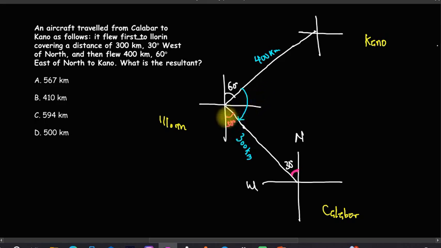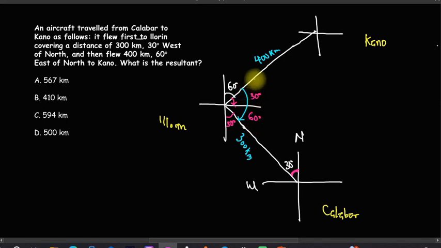And then since this part is 30 degrees, because this entire angle is 90 degrees, 90 minus 30 is going to give us 60 degrees here. And then for this part, because this is 60 degrees, 90 minus 60 will give us the remaining 30 degrees.